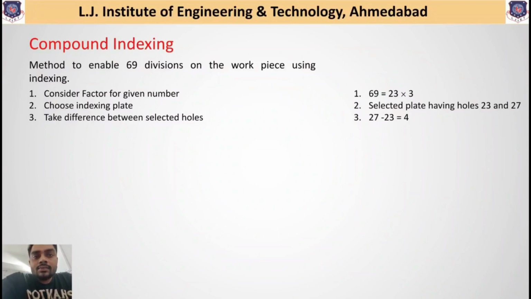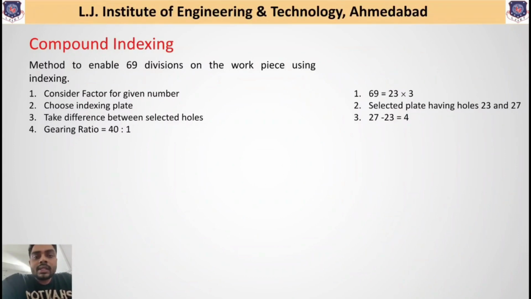So taking the difference between the selected holes is our step 3. Now the fourth step, the basic step, is to consider the gearing ratio. As for compound indexing, the universal dividing head is used, and in the case of the universal dividing head, we know that the gearing ratio available for worm and worm wheel is 40:1.